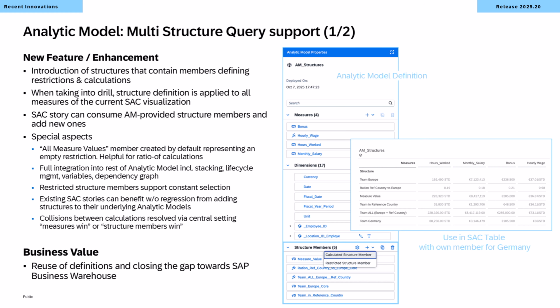And that becomes a bit clearer when you look at the right screenshot here, that there are a couple of measures currently in drill: hours worked, month salary, bonus, and hourly wage. And now, rather than defining restrictions individually per measure, like the hours worked in Europe, the hours worked in a reference country that I get from a variable or so, I build a whole list of those that I want to use in different contexts.